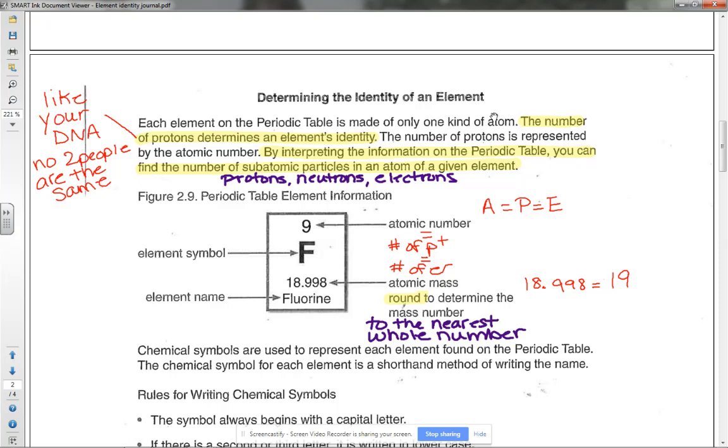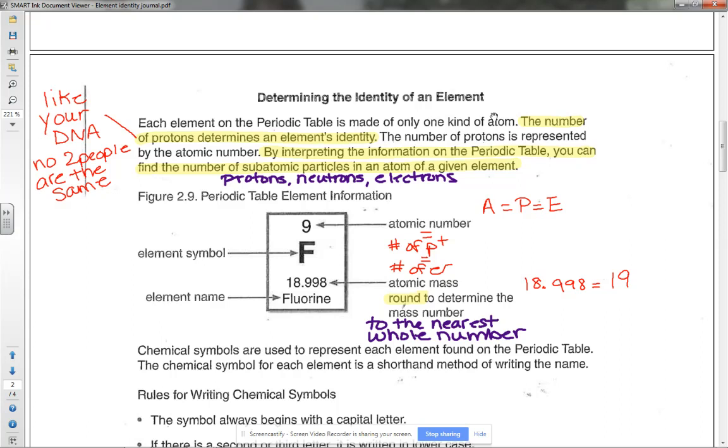The number of protons is represented by the atomic number. By interpreting the information on the periodic table, you can find the number of subatomic particles, which remember is protons, neutrons, and electrons, in an atom of a given element. So here is what fluorine looks like on the periodic table. And if you want to go ahead and get yours out, you may do so.